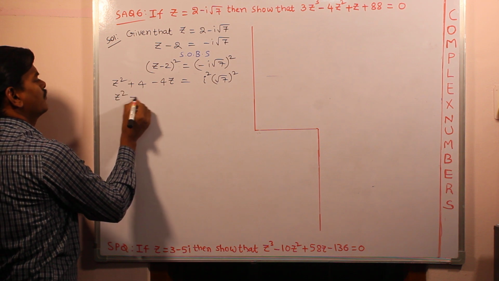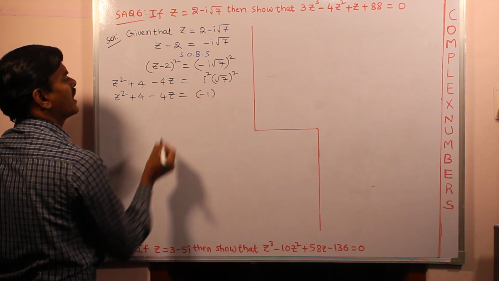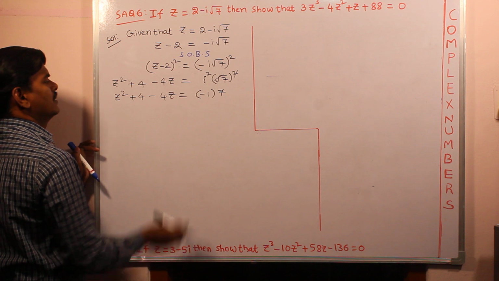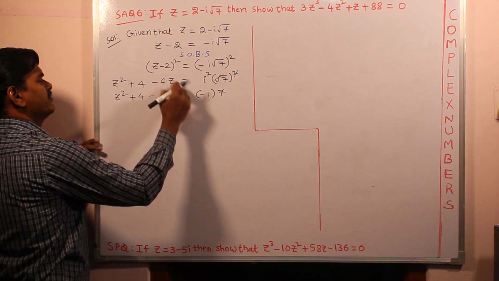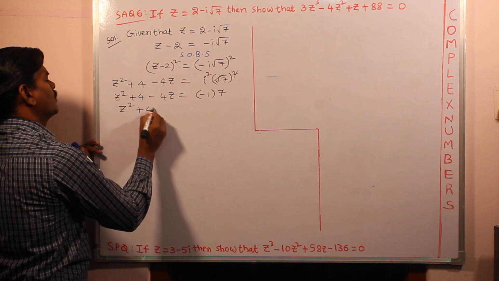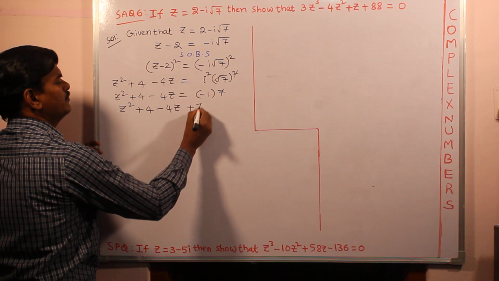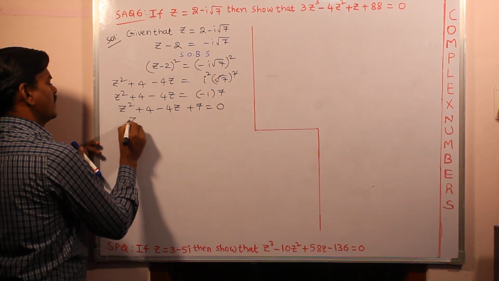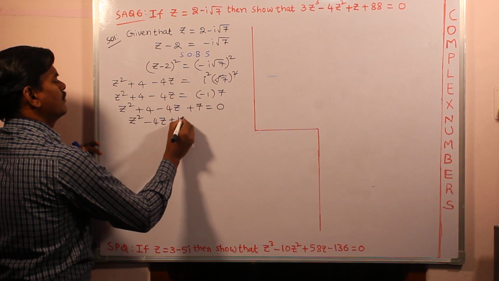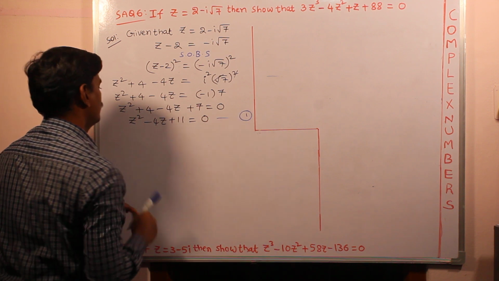Now z square plus 4 minus 4z equals iota square value, minus 1, and the square root gets cancelled with the square, so this is minus 7. Shift minus 7 from RHS to LHS, and it becomes plus 7. So z square minus 4z plus 4 plus 7, that is plus 11, equals 0. Let it be equation number 1.